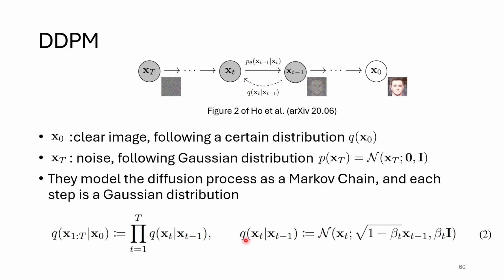They assume they get XT from XT minus 1 as a Gaussian distribution. The mean is XT minus 1 times a constant, and the covariance is an identity matrix times another factor. Okay, so this is the definition.